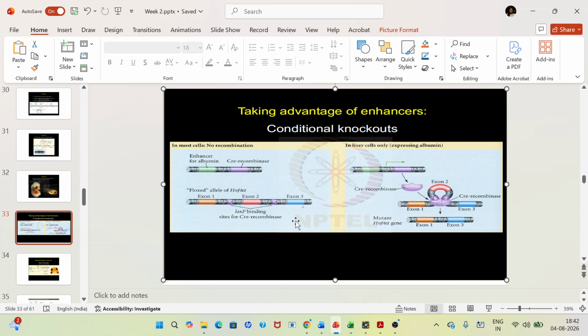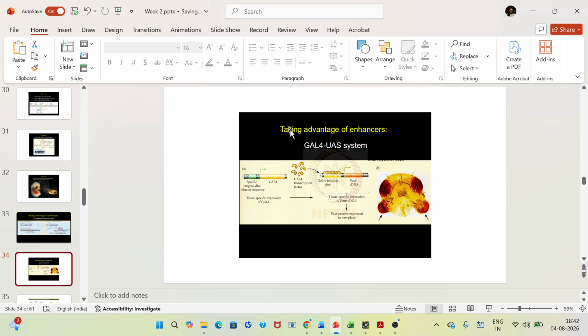Again, I'm not going into the details, but they have used the recombination process here to make the conditional knockouts, so that again they can understand the enhancers, they can understand the expression of that enhancer, to study the enhancer basically. Again, the GAL4-UAS system was also the same, in which they have used GAL4 as a transcription factor to understand the enhancer better.